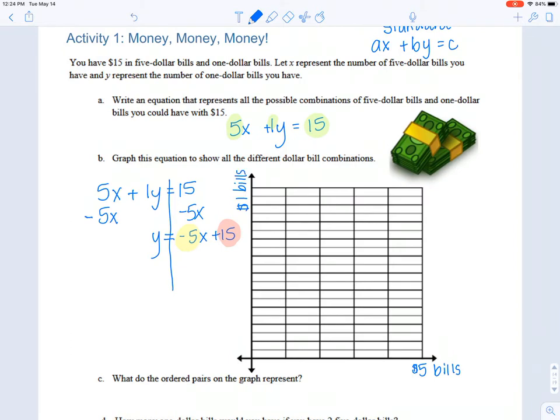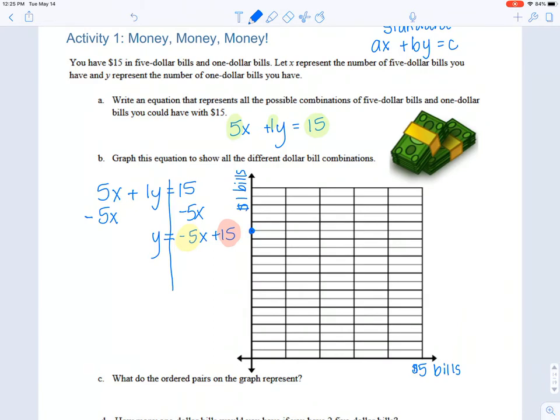Okay, so y equals negative 5x plus 15. This is a regular scale of 1. So I'm going to start at 15, which is right here.